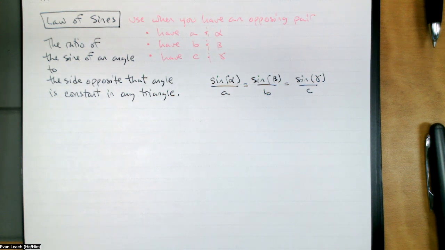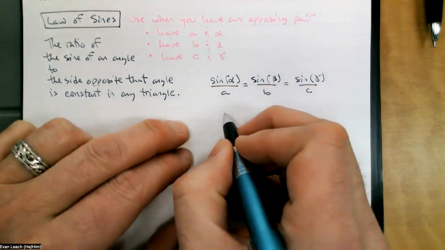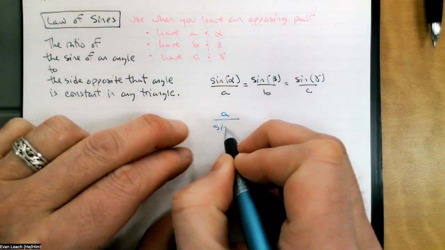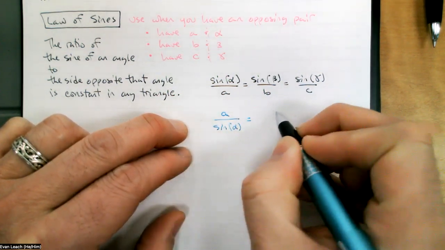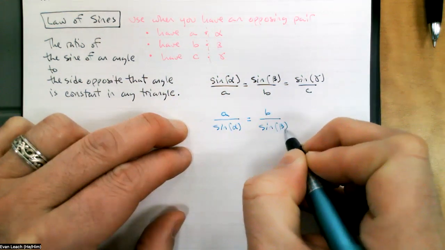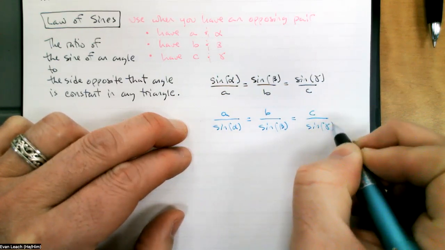The ratio is constant, and if I flip over all the ratios, that's the same thing. So we could also write this as A over sine alpha is equal to B over sine beta is equal to C over sine gamma.